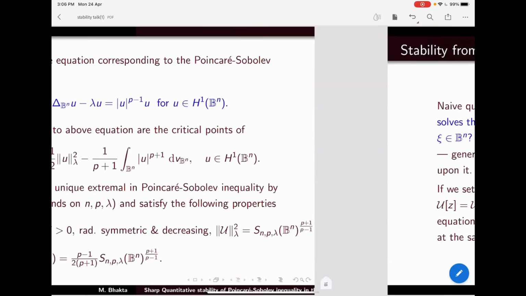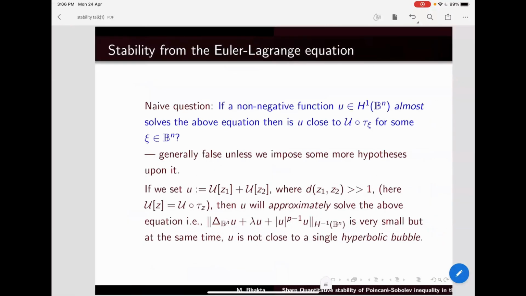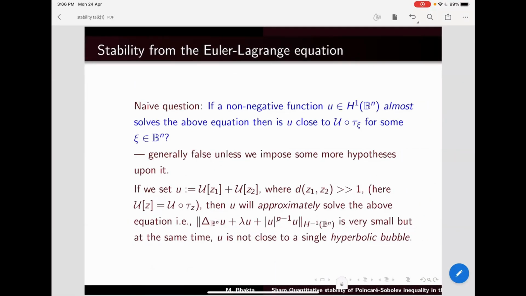So the naive question one can ask is: if a non-negative function U almost solves the above equation. What we just talked about was stability from the inequality point of view. Now we are asking the question of stability from the Euler-Lagrange point of view, the equation point of view.